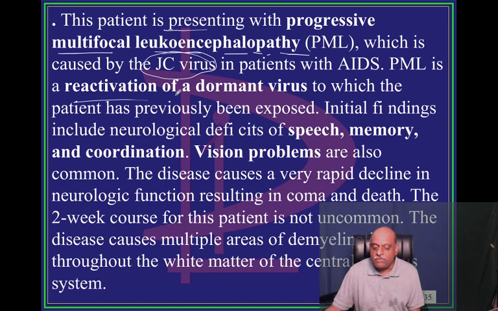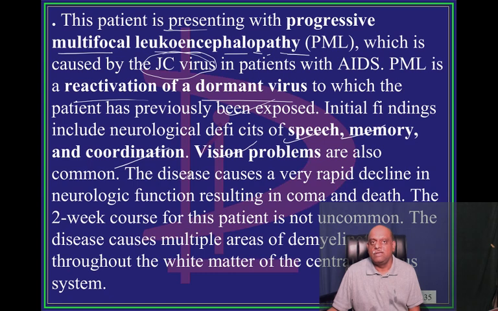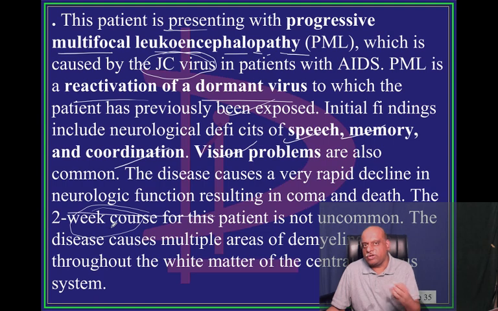It is the reactivation of this dormant virus in an HIV positive individual that leads to deficits in speech, memory, coordination, visual problems, and very rapid decline of neurological function leading to coma and death. Typically, only 2 to 3 weeks from the onset of the visual loss to death.